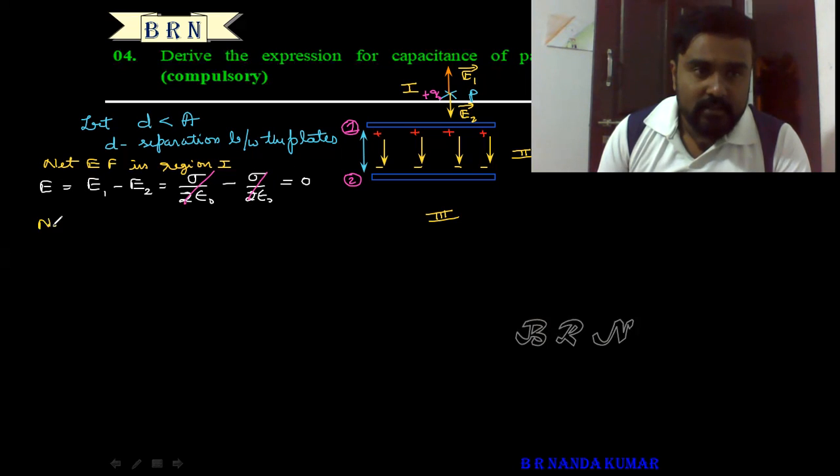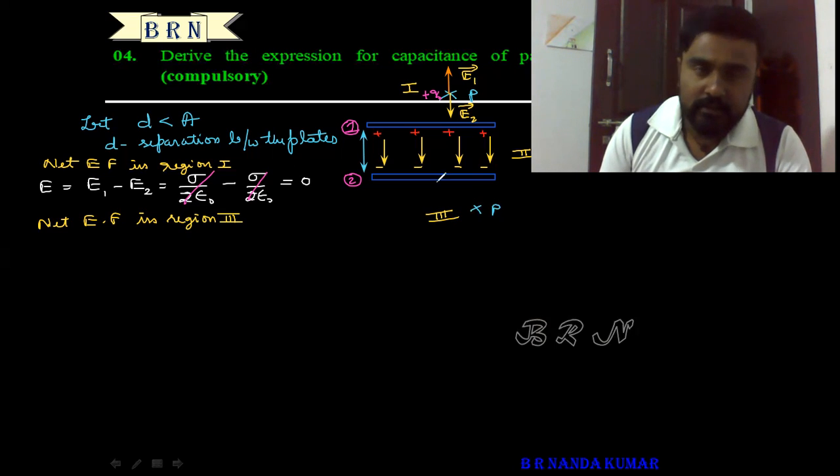The same is the net electric field in region 3. Let me calculate region 3. Now consider an observation point in region 3. A unit positive test charge is placed at point P. Due to sheet 1, plus Q naught will experience a repulsive force. Due to sheet 2, plus Q naught will experience an attractive force.